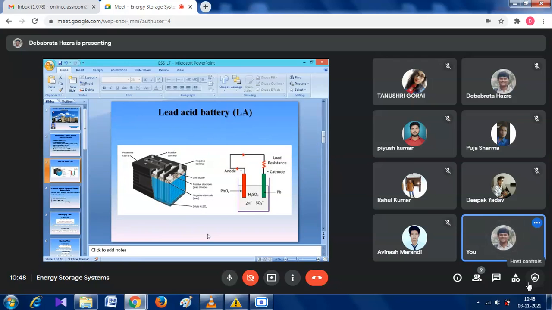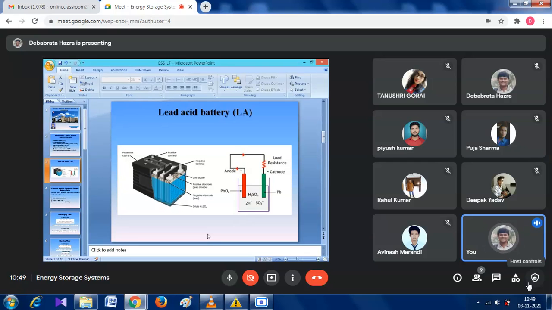And we use the electrolytic solution as dilute H2SO4. The ratio of acid to water is 1 to 3. That means one part of H2SO4 we mix with 3 parts of water. After that, we make a dilute solution of H2SO4.